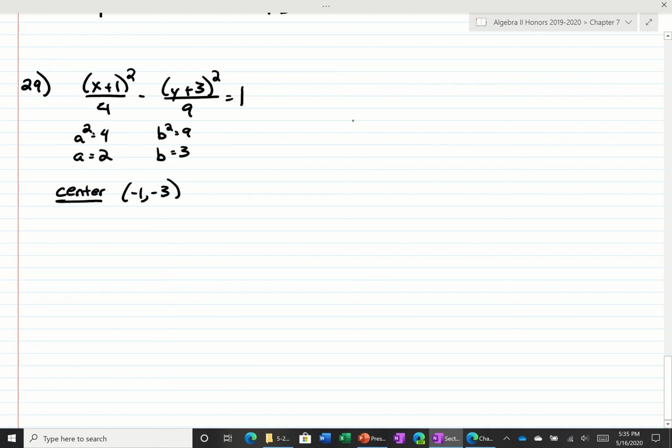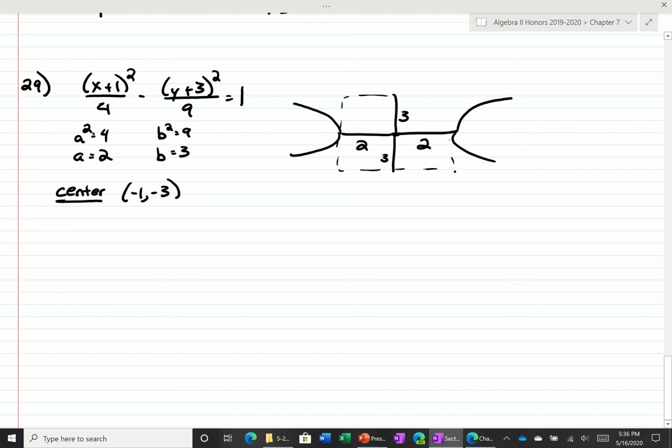Because it's horizontal, we're going 2 units this way, 2 units this way, and then we have our branches. B goes 3 units up and 3 units down, the opposite direction. I mean, if we wanted to make this more precise, we could box them in and draw our asymptotes.